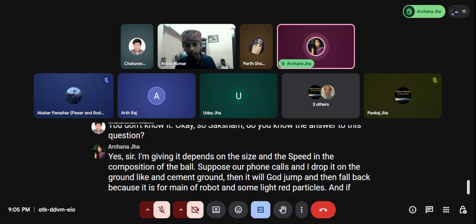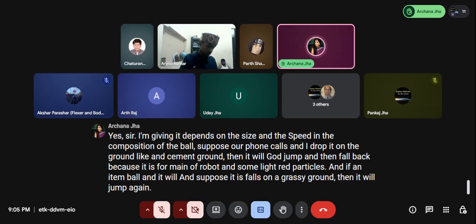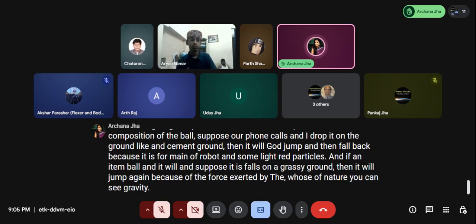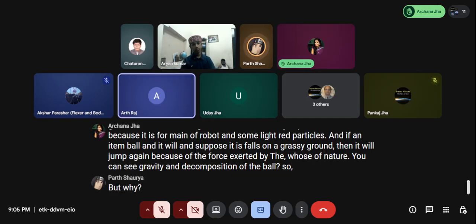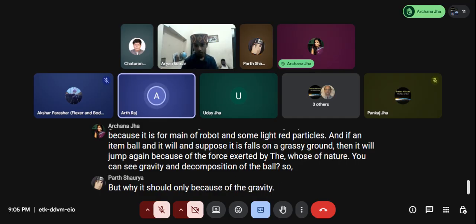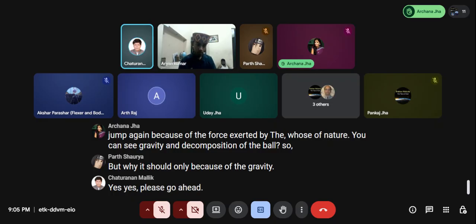And if there is an iron ball placed on a grassy ground, it will jump again because of the force of nature, we can say gravity, and the composition of the ball. But why does it bounce? It should stay there only because of gravity. So can I say? Yes, please go ahead.